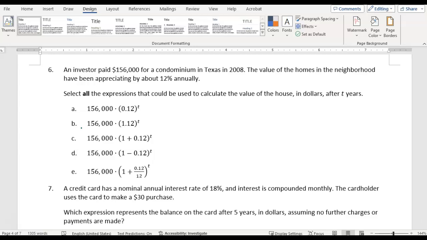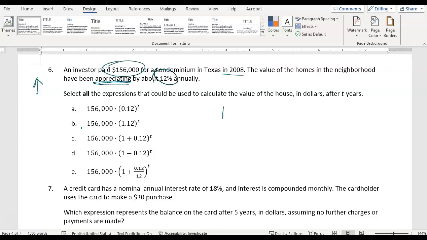An investor paid $156,000 for a condominium in Texas in 2008. The value of the homes in the neighborhood have been appreciating, so this is increasing. We should be looking at 1 point something, 12% annually. Select all the expressions that can be used to calculate the home value in dollars after T years. All right, so if it's appreciating by 12% annually, we're looking at a 12% increase.